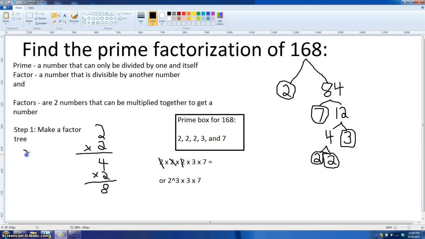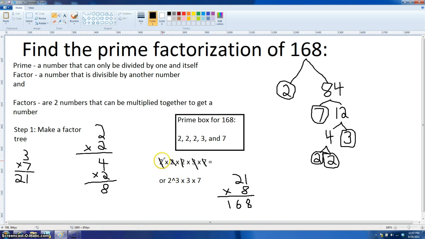So 3 times 7 equals 21. And then let me just do 21 times 8. 8 times 1 is 8, and 8 times 2 is 16.